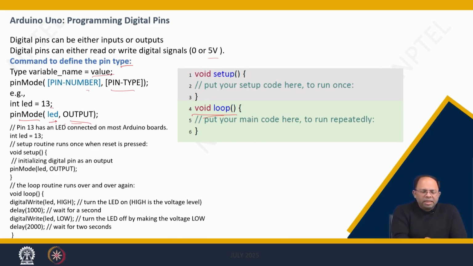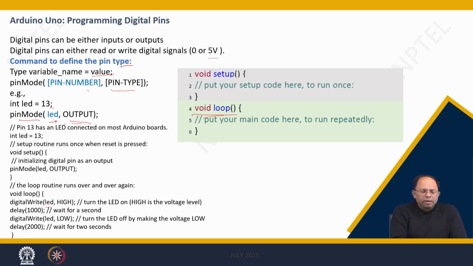So if I want to run it on 13, first in setup I will initialize the digital pin, like pinMode LED OUTPUT. That means we are saying that it's the output pin. And then in the loop, we will say digitalWrite; digitalRead we can do, digitalWrite also we can do. So digitalWrite LED HIGH.